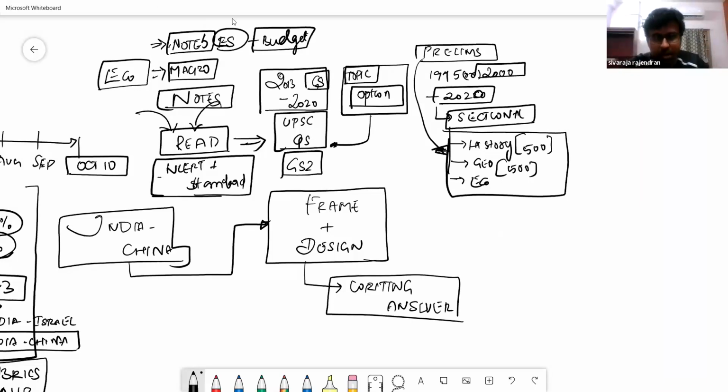So writing exams comes after the first point. First, you have to read. Second point, solve the UPSC questions. Third point, frame and design answers.